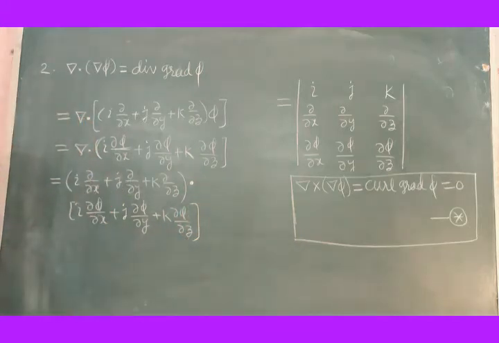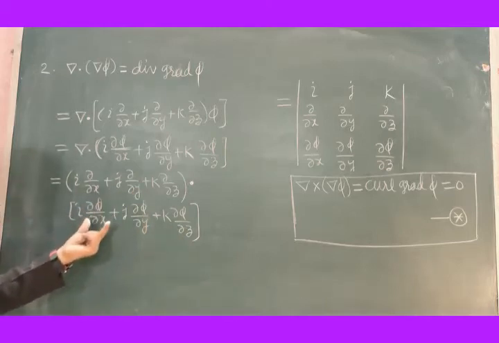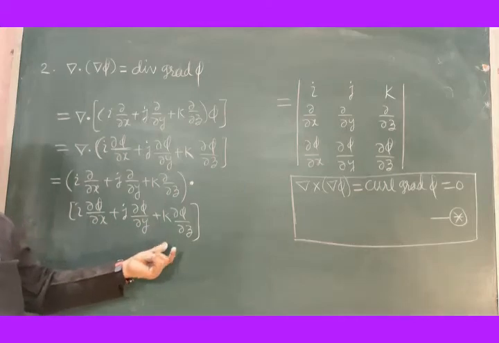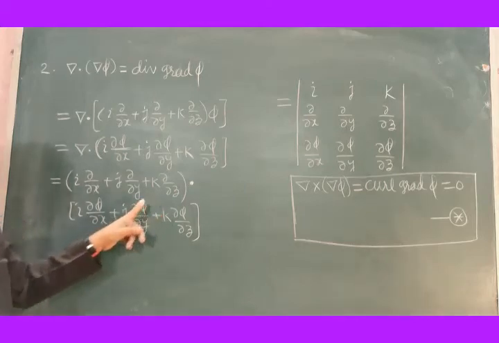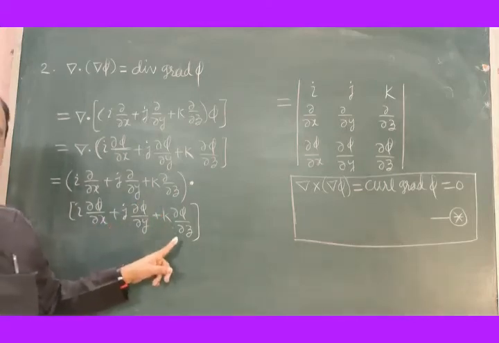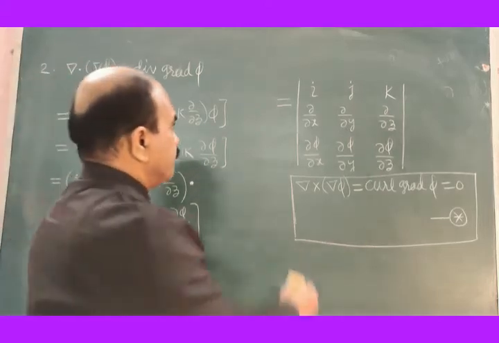We have to solve this further. Let us take the dot product of this with this and this, then the dot product of this with this and this, and then the dot product of this with this and this.